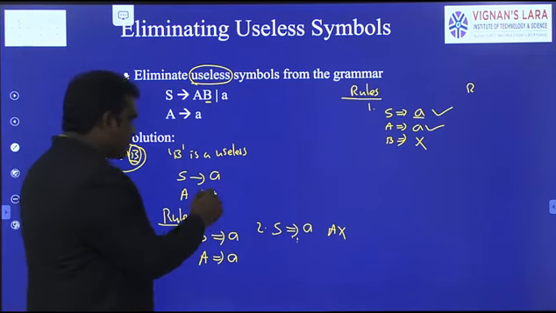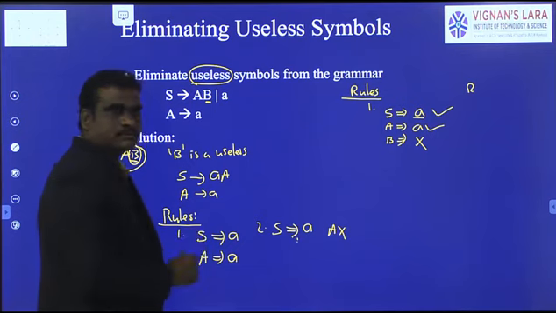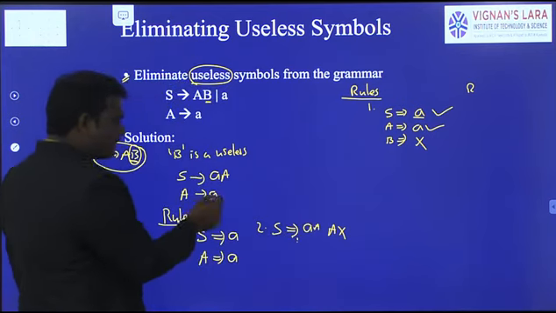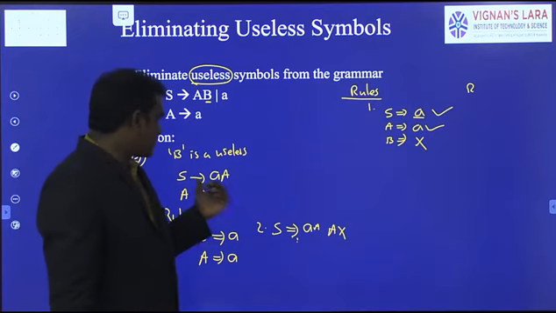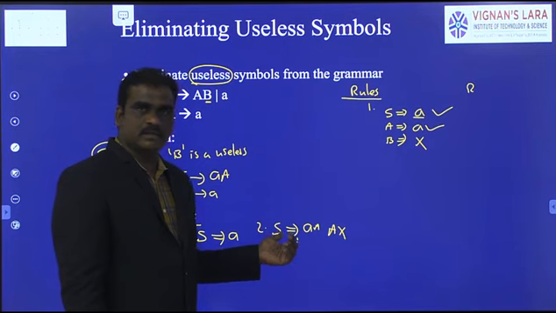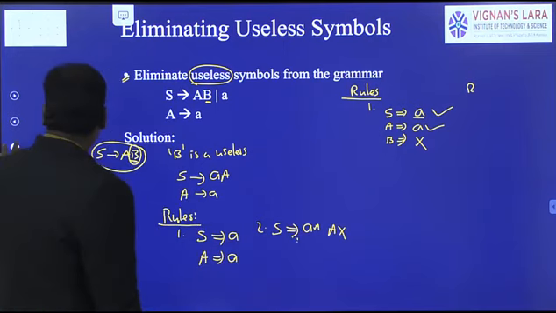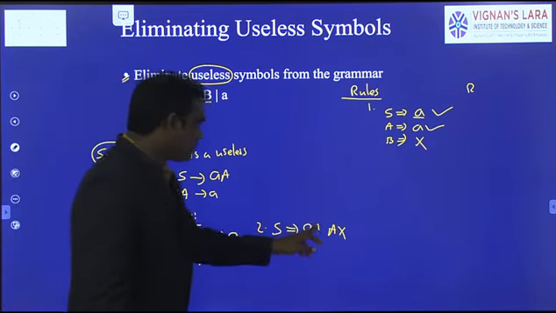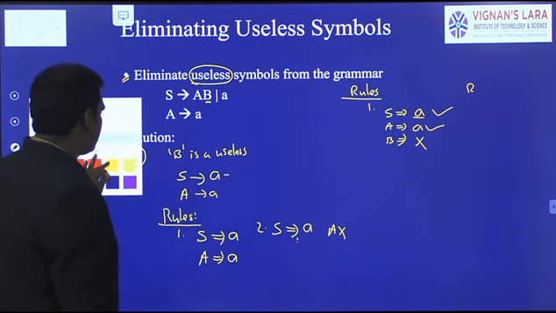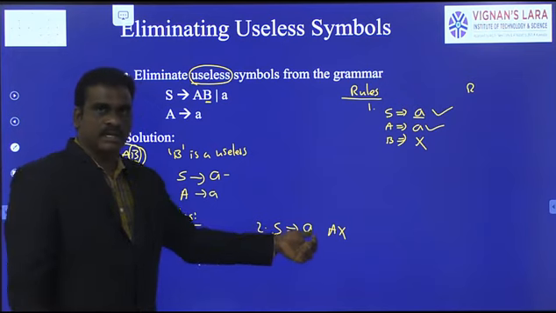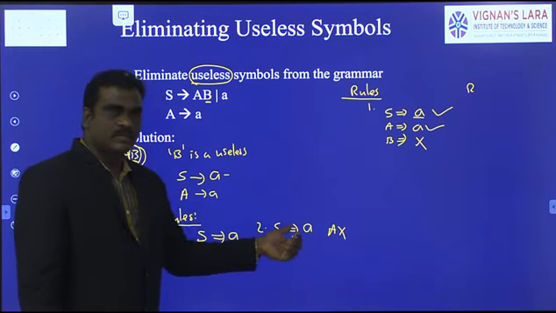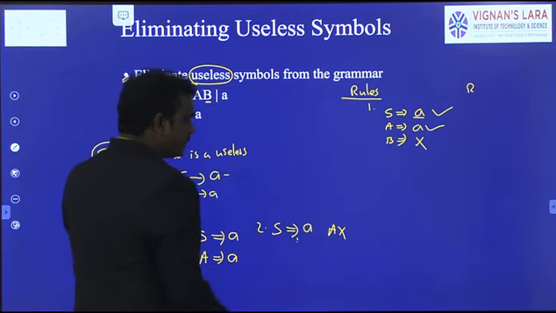Suppose the production were like this, S derives AA. Now A is replaced with a. In this case, S derives AA, so A is derivable from S, and S and A are useful symbols. But now there is no such possibility, because S derives a only, so capital A will not be derived from S. So A is a useless symbol.